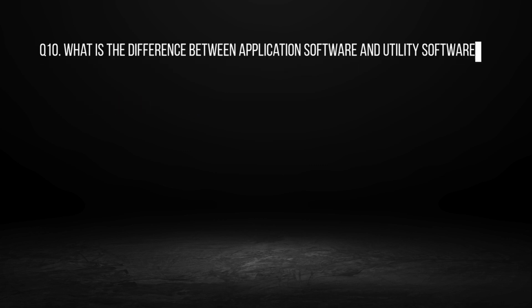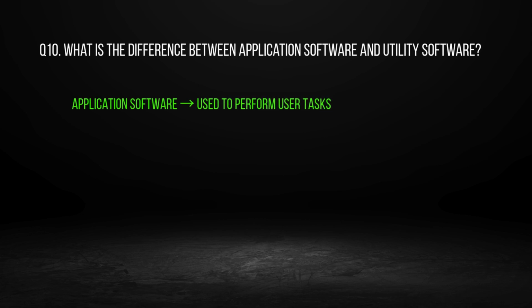What is the difference between application software and utility software? Application software is used to perform user tasks. Examples are MS Word, Photoshop.